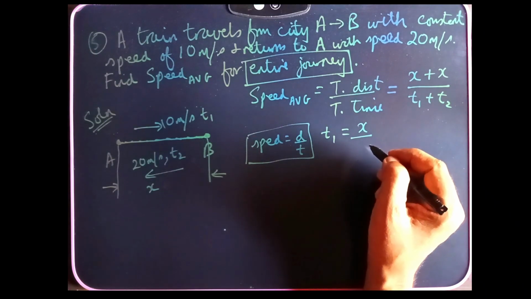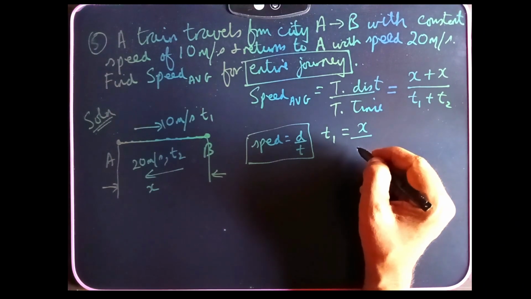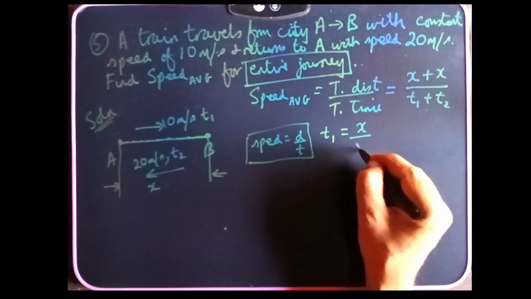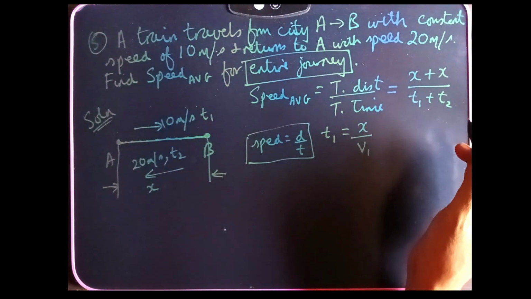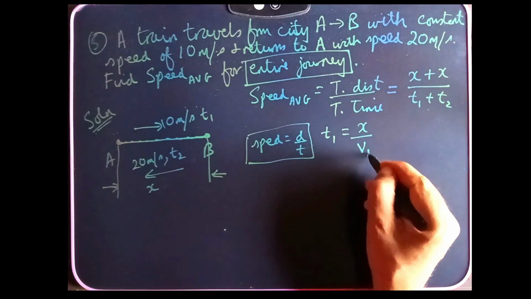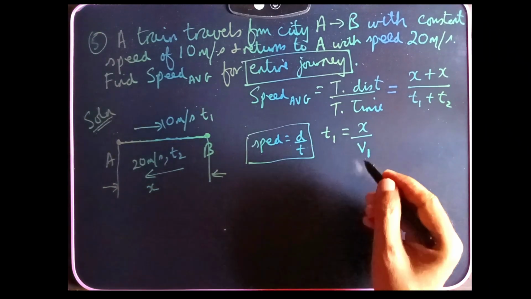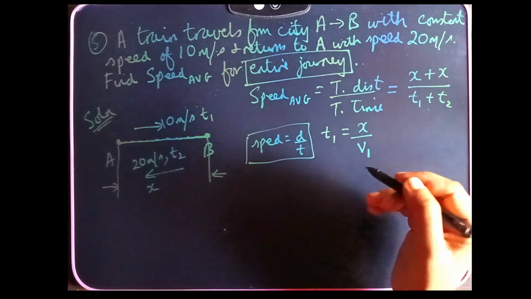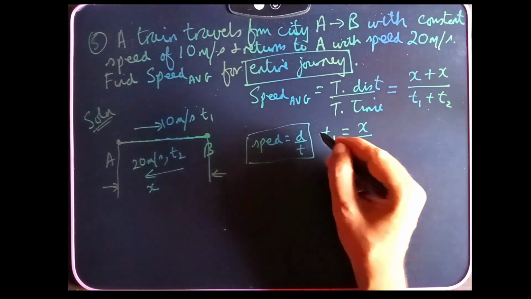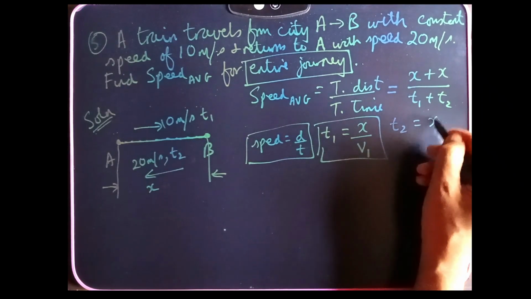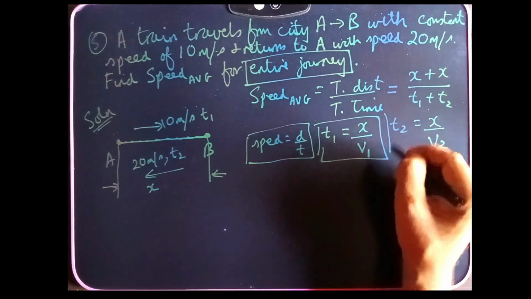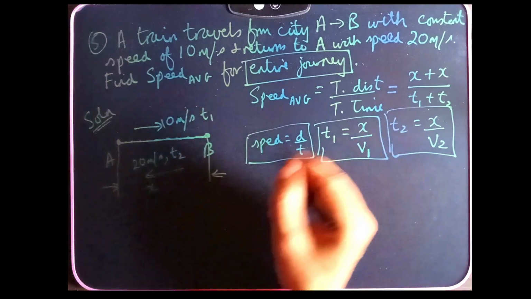I will take the speed as v1 for problem solving's sake. I could have directly taken it as 10, but let me arrive at a formula with v1. So t1 is x by v1 and t2 is x by v2. So now average speed.